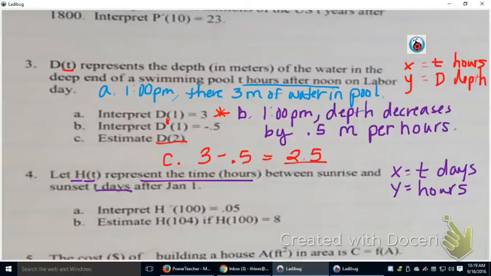Okay, on A it says interpret H prime of 100 equals 0.05. So we're talking about the rate of how something is changing. The 100 represents 100 days after January 1st.